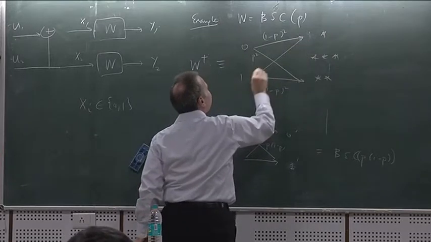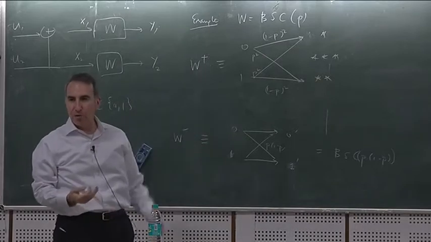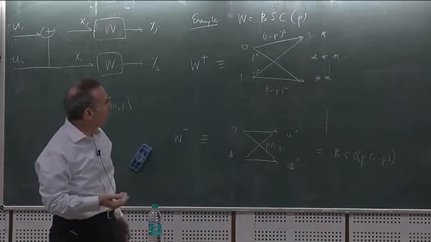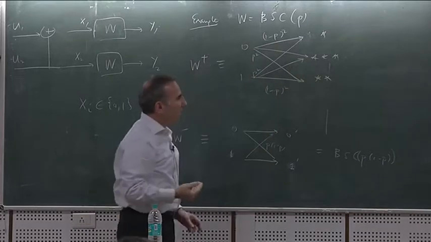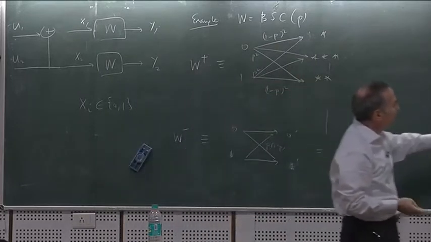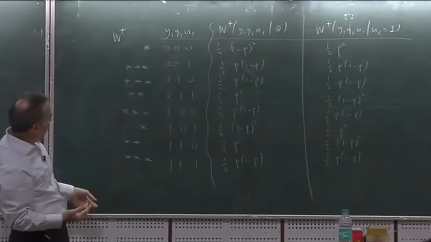Same happens here. And then from 0 and 1, you can go to the triple star. These happen with probability 2p(1 minus p), since I add the lines which correspond to here, four of them.